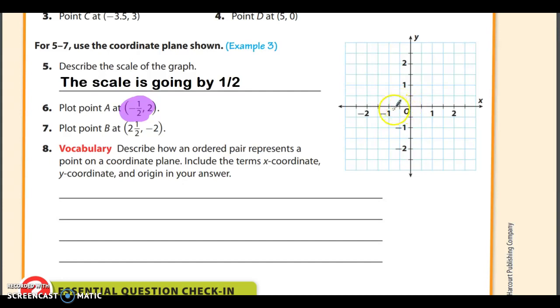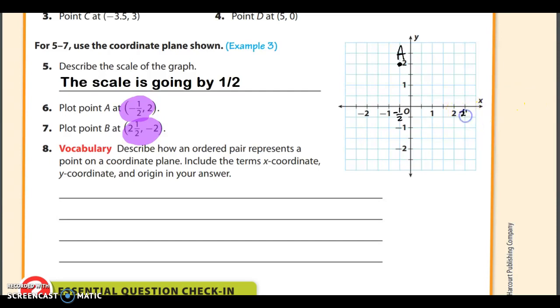It's going to be right here. And 2 is going to be up, and it's going to be right here. That's going to be point A. That's at negative 1/2 because it's right here, and then it's up to 2. And then point B is over 2.5. That's to the right because it's positive. So there's 1, there's 2, there's 2.5 right here.